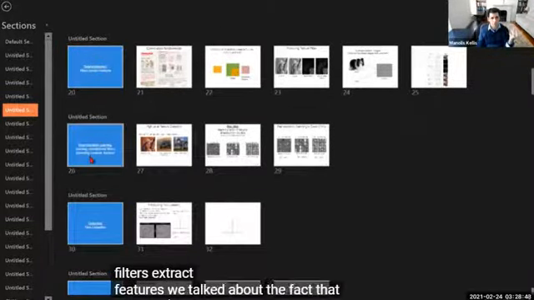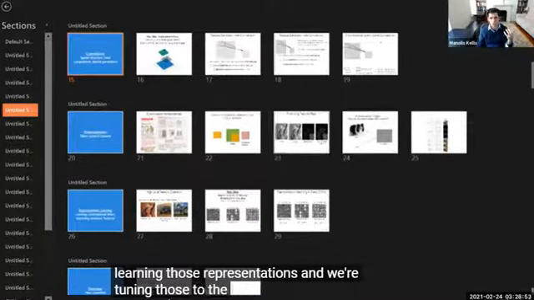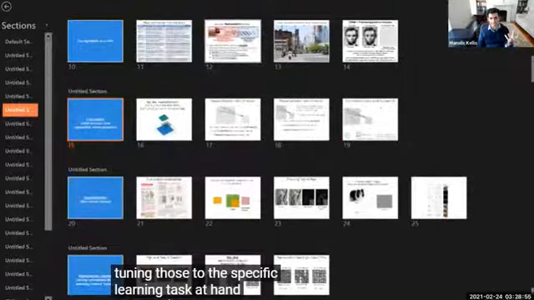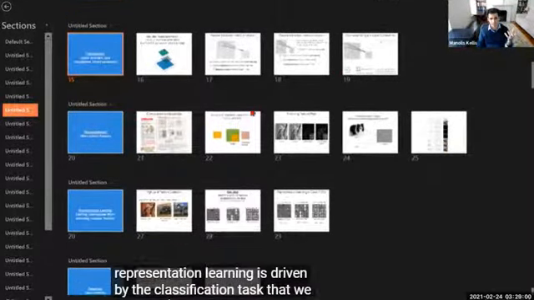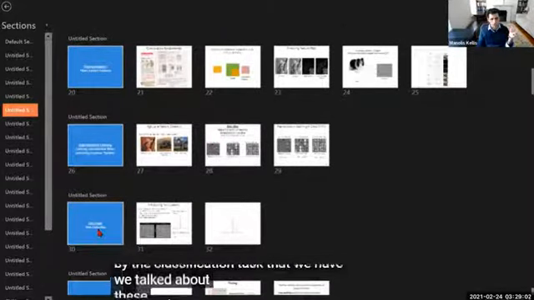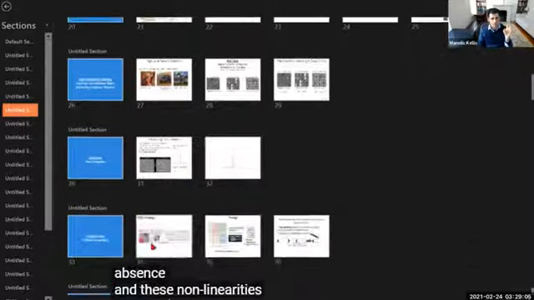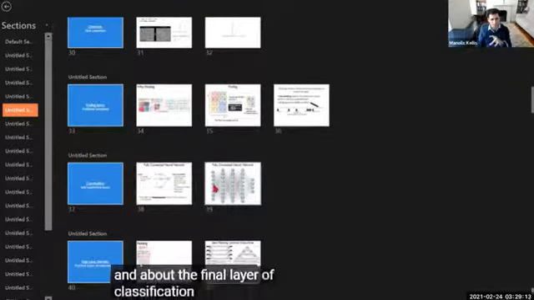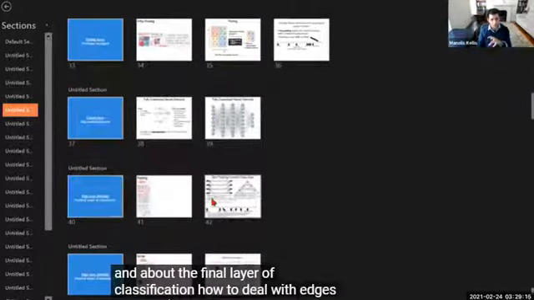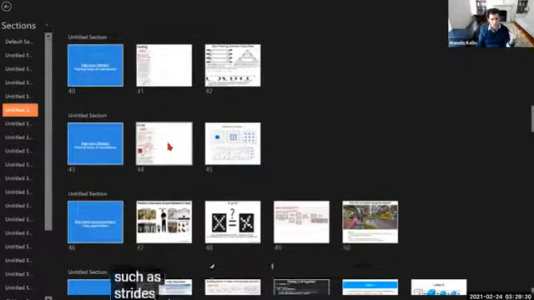We talked about the fact that we are learning those representations and tuning them to the specific learning task at hand. This representation learning is driven by the classification task that we have. We talked about detection, yes or no, presence or absence, and these non-linearities. And we talked about the pooling layers that create these positional invariances, and about the final layer of classification, how to deal with edges, with padding, and practical issues such as strides.